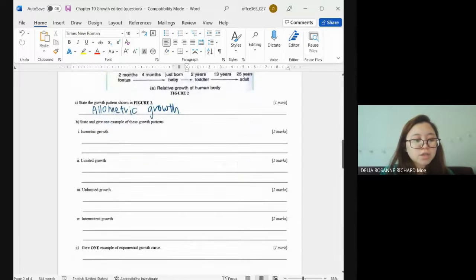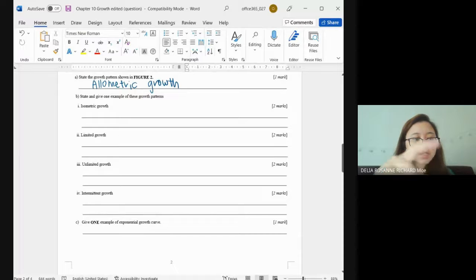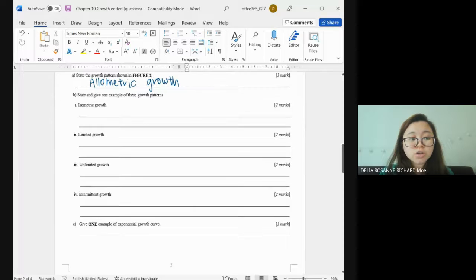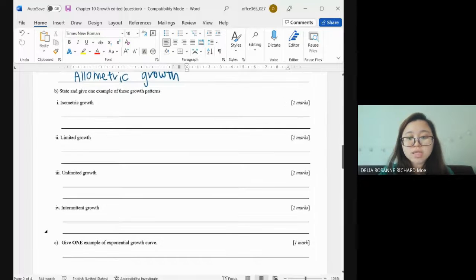Okay, so after that, you give example of each of these: isometric, limited, unlimited, intermittent growth. Ini kamu boleh gunakan contoh dalam lecture note. Do you have any strange examples that are not from the lecture note that you are not sure is correct or not that you want to ask me now?